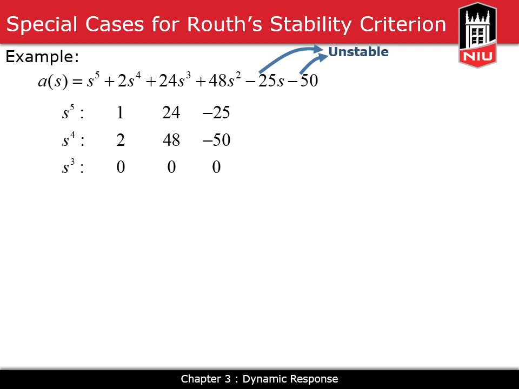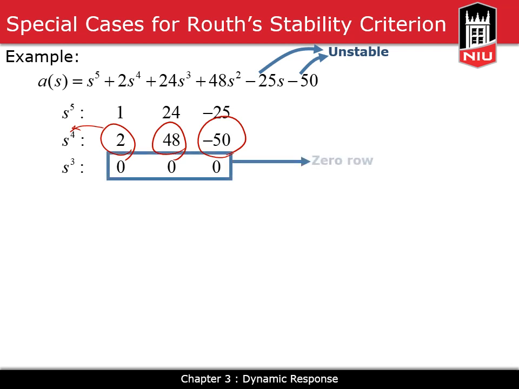You can do the calculations. So here we have to again use the auxiliary equation. Go back to the row above, use the coefficients in the row above. These coefficients are 2, 48, and negative 50. Remember, the first term in the auxiliary equation is 2 times the label in that row, that's s to the power of 4. 2 times s to the 4 plus 48 times s squared minus 50 times s to the 0.